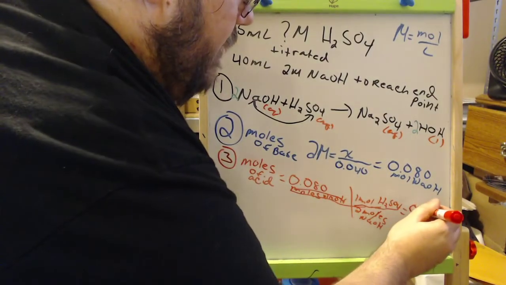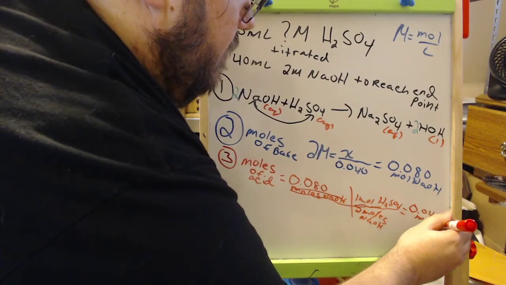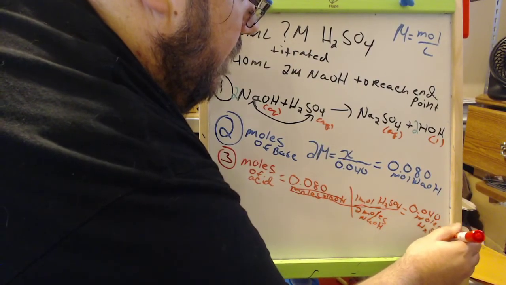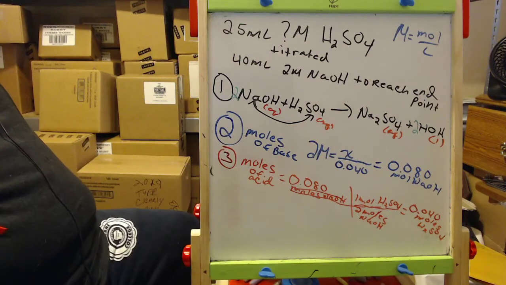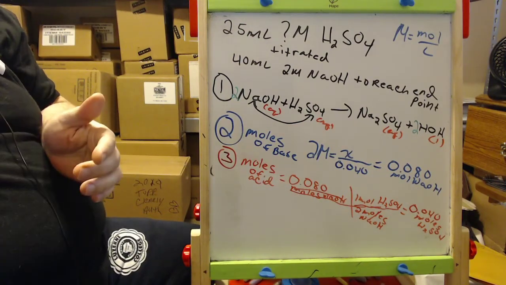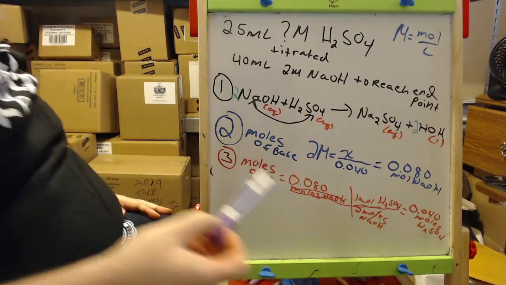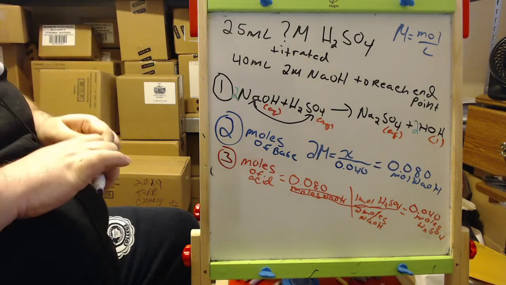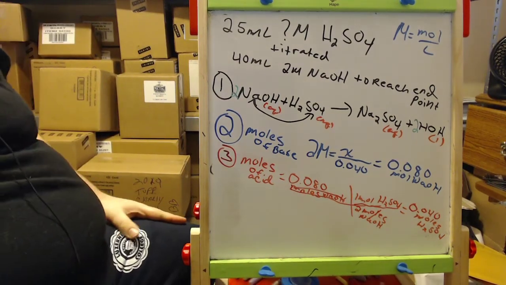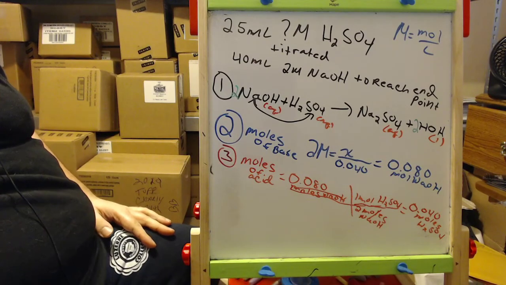We have 0.040 moles of H2SO4. Are we good there? How to find our moles of acid?